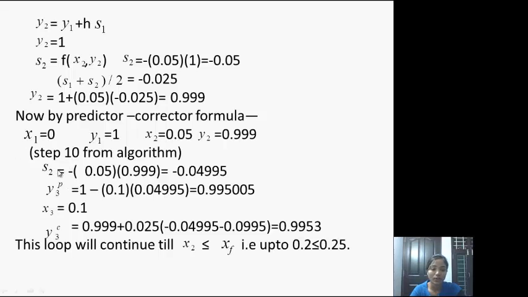This s2 equals minus x times y, so the value of x is 0.05 and y is 0.999. So our s2 will be calculated as this, and after this we have to calculate the predicted value of y3 and the corrected value of y3. This loop will continue while x2 is less than or equal to xf, that is up to 0.2 less than or equal to 0.25.